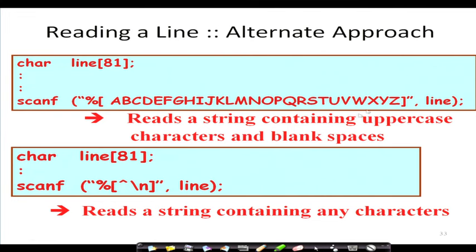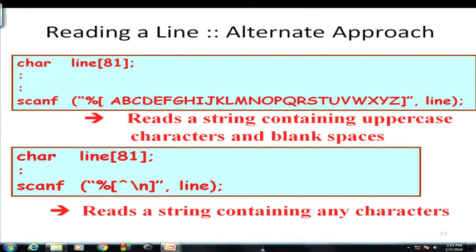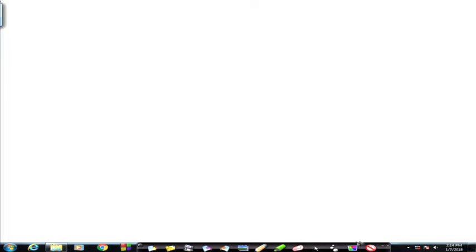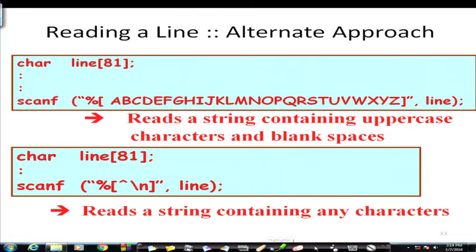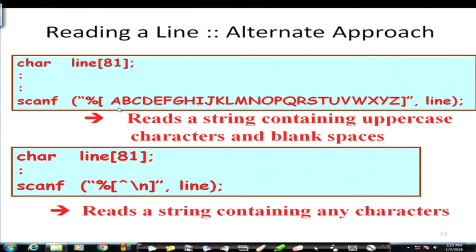As you can see here, what it means is anything that is A, B, C, D or whatever, this entire thing, and here there is a blank, here there is a blank.